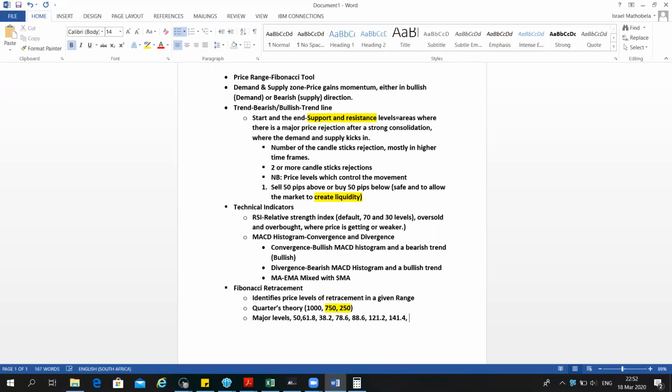Is it 121, 127, 127.2? Cool, 127.2. So these are the retracement levels that we are going to look at.